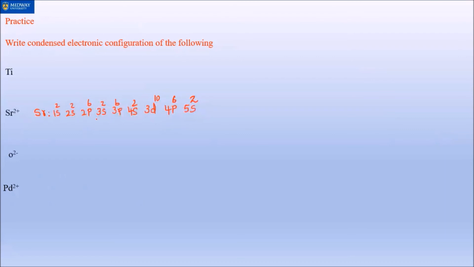This is strontium. Strontium 2+ means we have lost 2 electrons. So it's 1s2, 2s2, 2p6, and we lose both these electrons. So the outermost is what is lost. So 3s2, 3p6, 4s2, 3d10. Now, did we have it right?